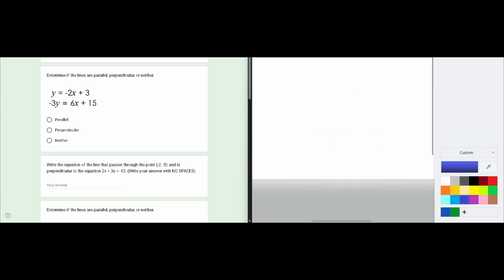So we know that our slope for the first equation is -2x. And by rearranging our second equation into y equals mx plus b form, we can determine if this slope will be parallel, perpendicular, or neither.